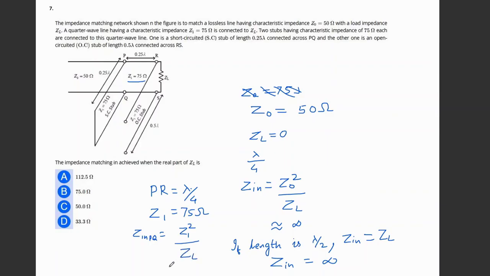We are asked to find out what should be ZL. And we know that for the transmission line to match, Zin at PQ should be equal to Z0, which is 50. So Z0, which is 50, should be equal to Z1 squared, 75 squared by ZL.